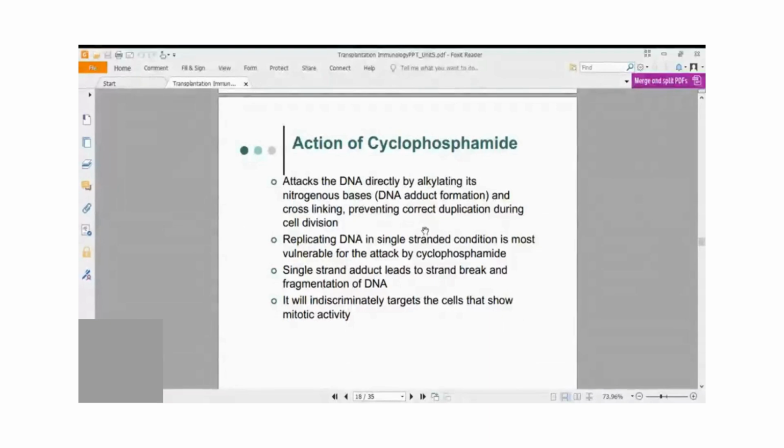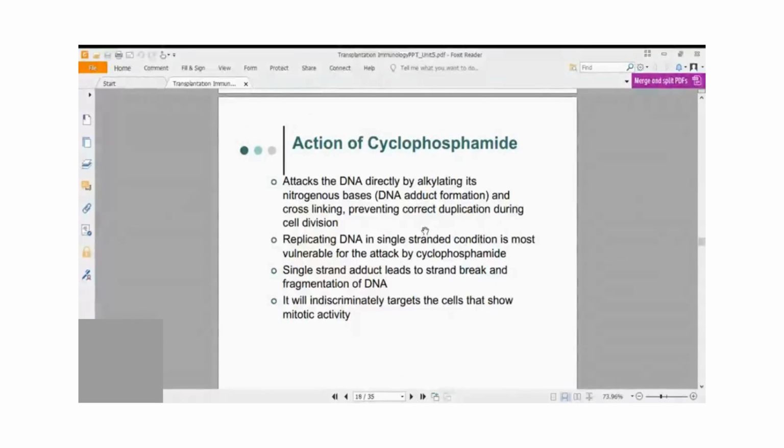So, when the cyclophosphamide is in circulation in a person, as the cell gets prepared to replicate, the DNA unwinding process begins. At that time, the cyclophosphamide, if it's available, can transfer easily across the plasma membrane of the cell and reach the nucleus. It will form the DNA adduct.